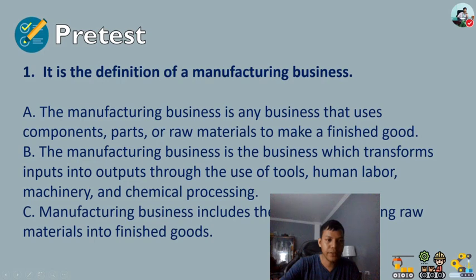Letter C. Manufacturing business includes the process of turning raw materials into finished goods. And letter D. All of the above. So what is the definition of manufacturing business? The answer for number 1 is letter D, all of the above.